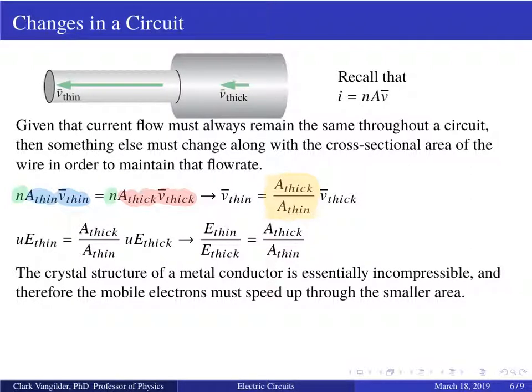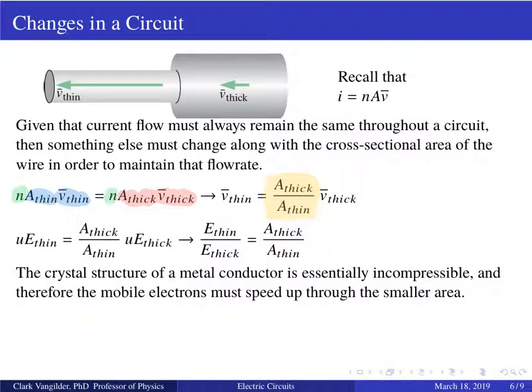So, wait a minute, you just told me that the flow rate doesn't change. Correct. The drift speed changes, but what is happening is I'm cramming more of those things into a smaller space, but it's still the same number of things per second going past any particular line in the sand.